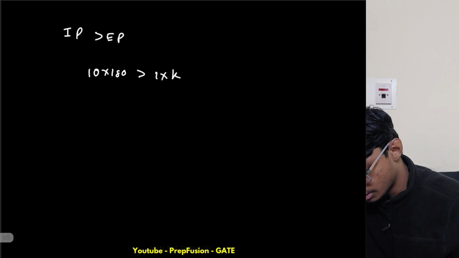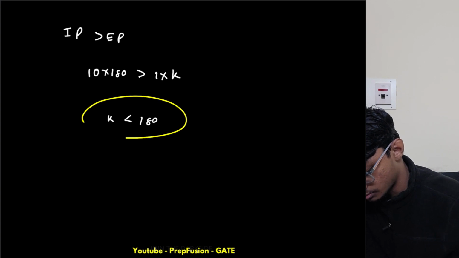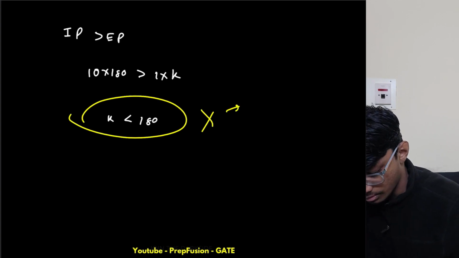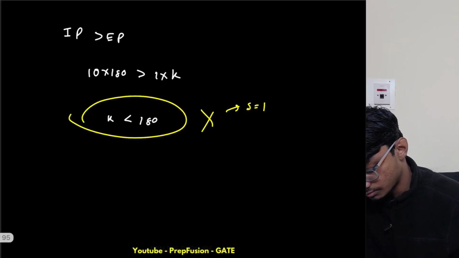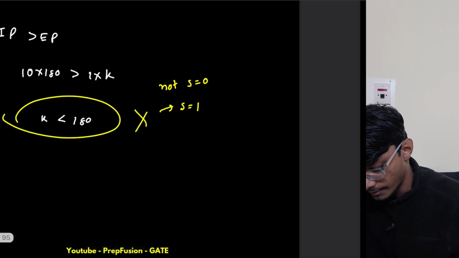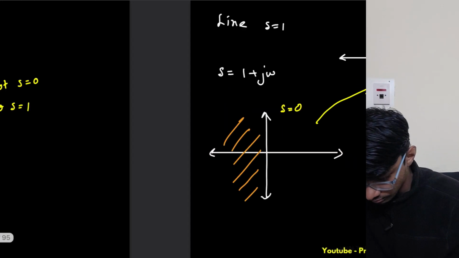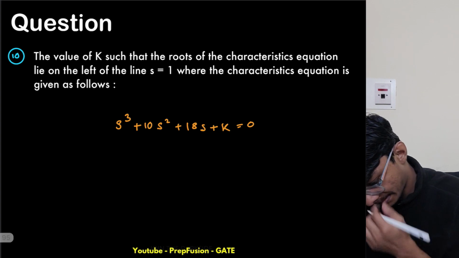This is telling us k should be less than 180, which is wrong, okay. I have the s equals 1 line, so just be mindful of that, not s equals 0, okay.